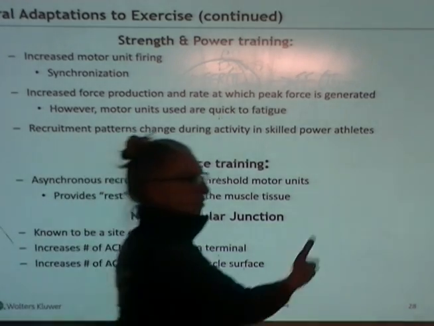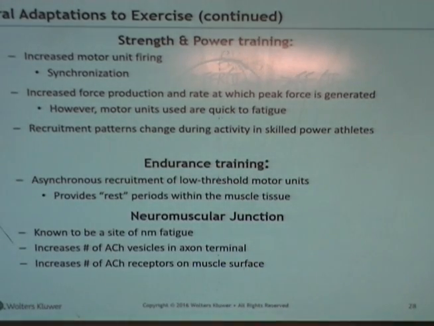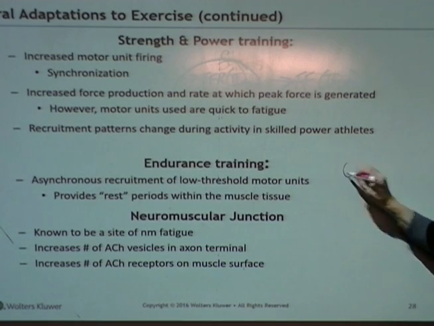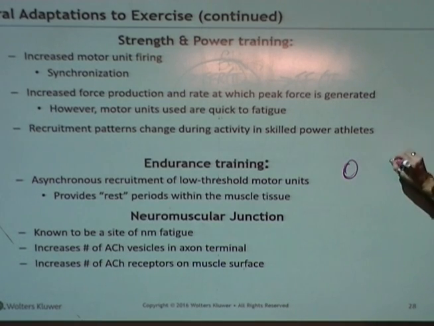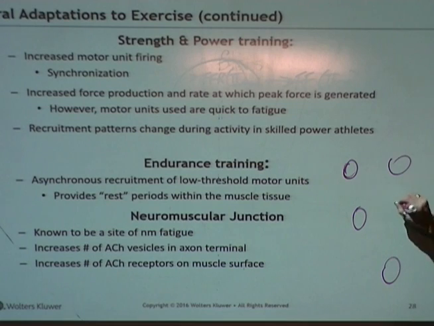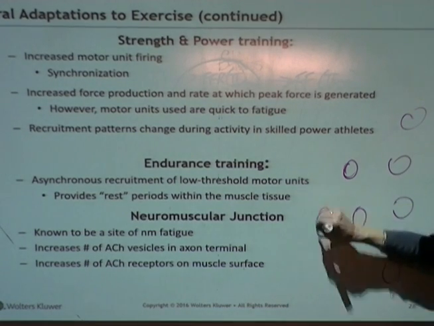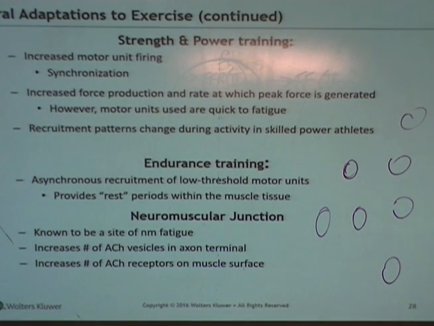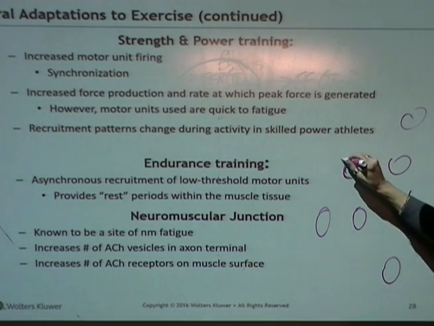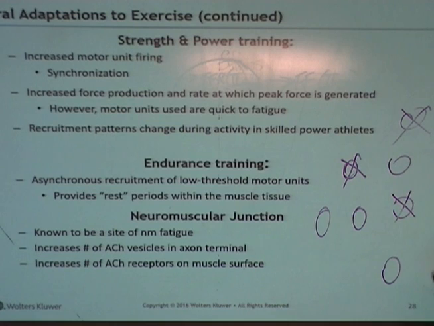So think of the cross section again, right? Let's say they're all type 1 fibers. Okay? So to run, I need to turn on 3 of these. I'm making it up, right? But I'm going to turn on that one, and that one.